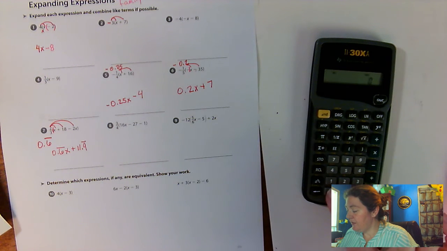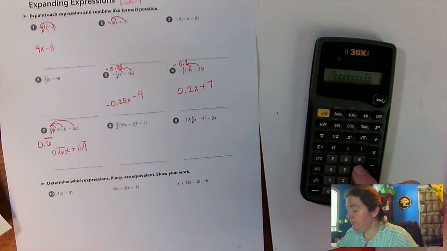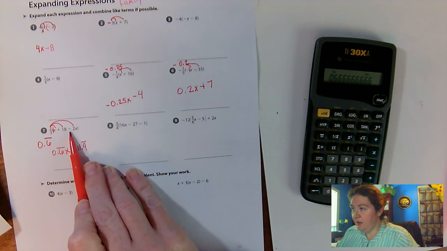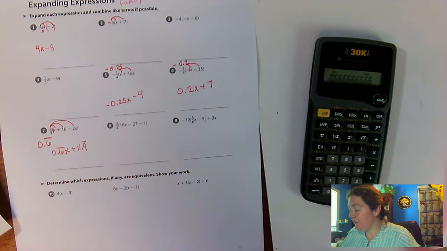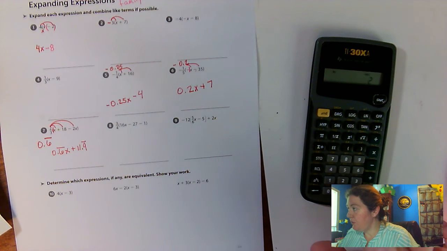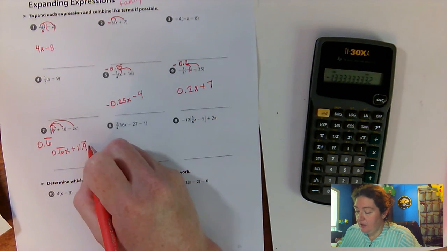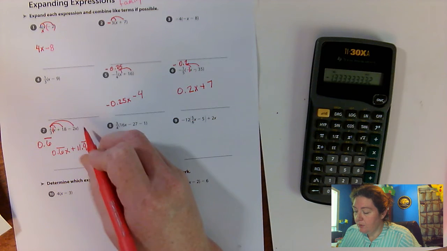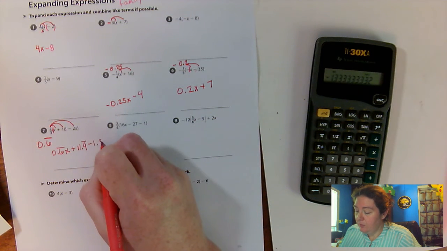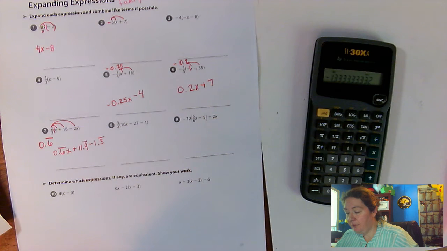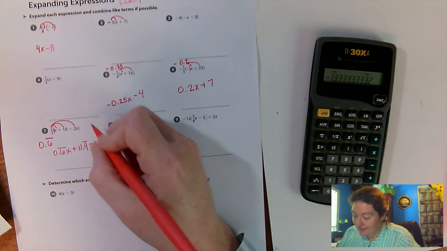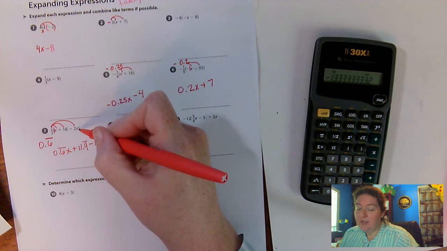And I'm going to say 0.6 forever and ever times, what's this guy? It's a negative 2. Negative times negative equals, oh, negative 1.3 repeating forever and ever. X. Can't forget his last name.